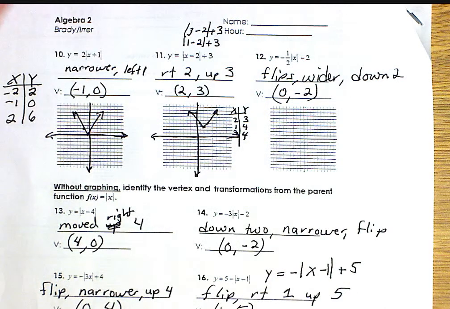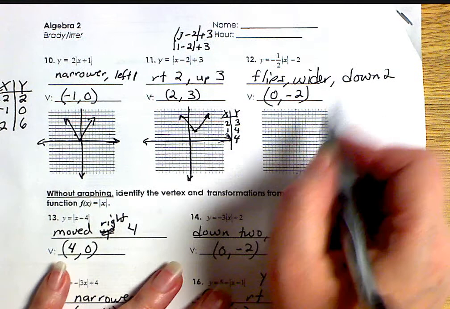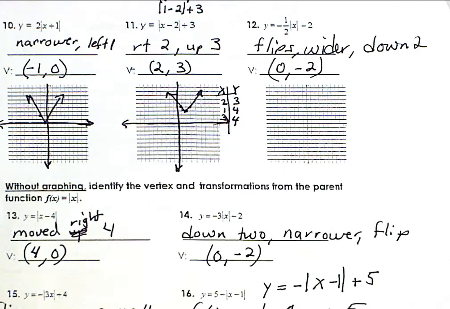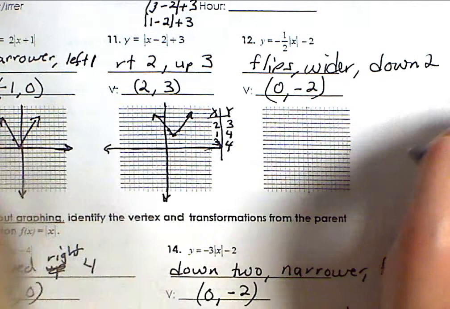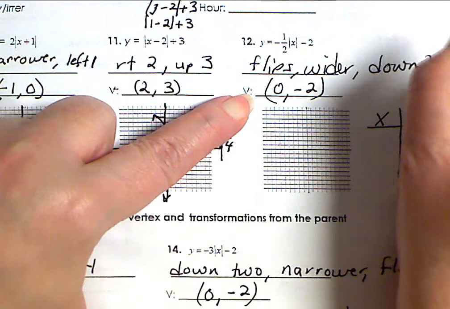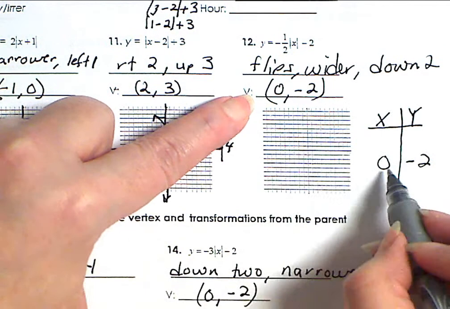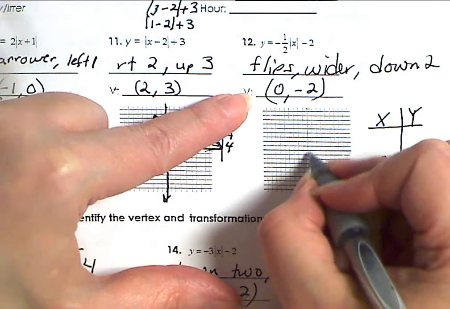Okay. So, again, graph your... I'm making mine bigger that way. So we have 0, negative 2. So 0, negative 2 would be there.